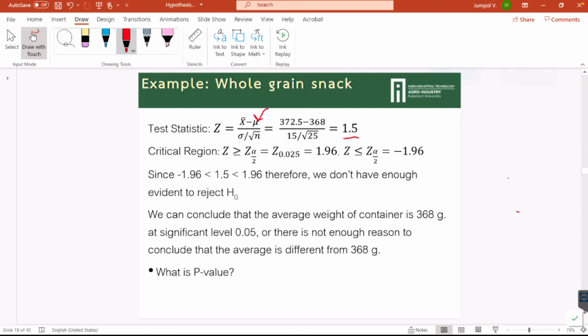So the distribution of sample is going to be also normally distributed. But if the distribution of population is not normal and the sample size is less than 30, we had better use t distribution.